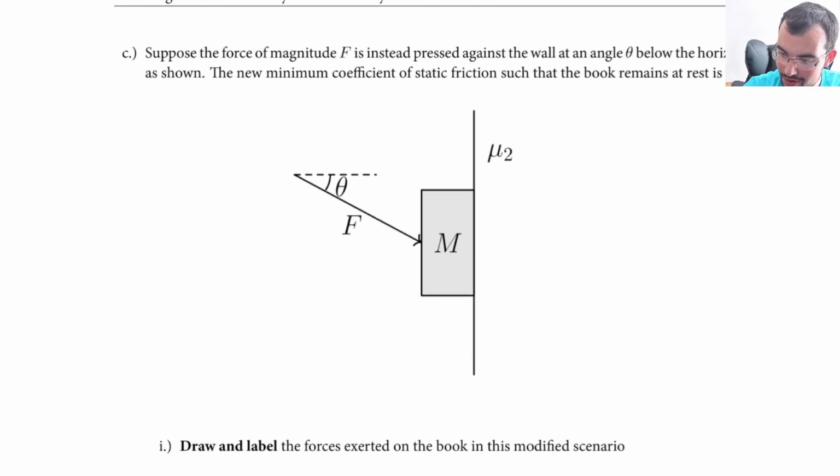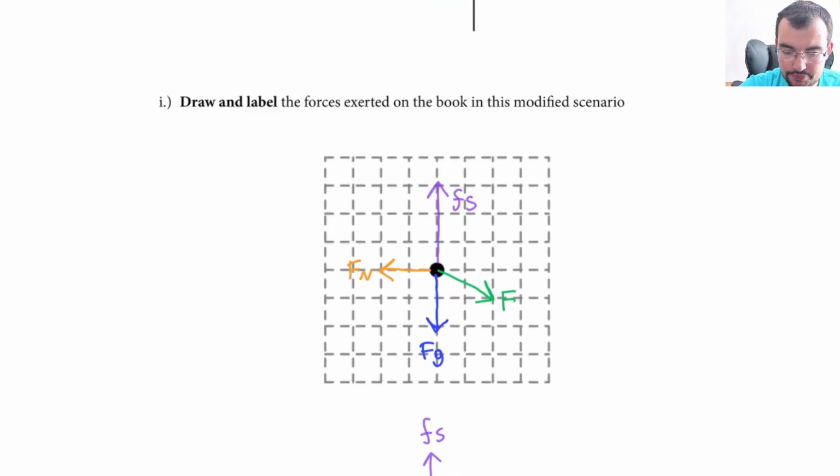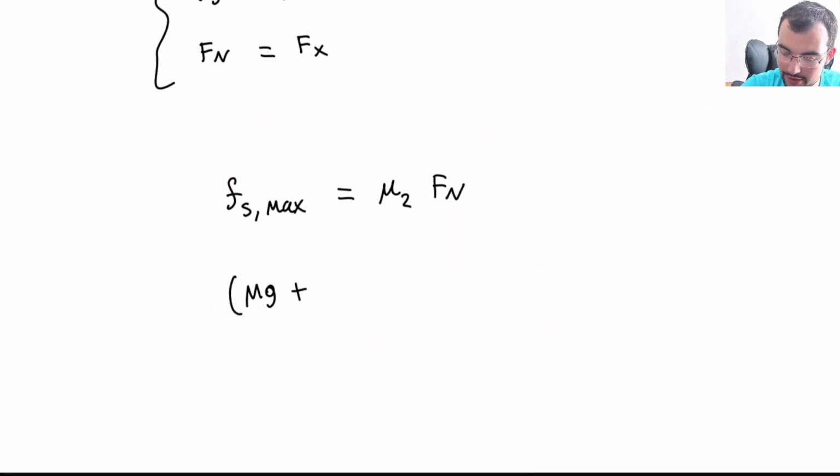So what is that? Well, let's draw our picture again. So here, the angle theta is touching. So the in-the-wall push is F cos theta, and the down push would be F sine theta. What is the normal force?